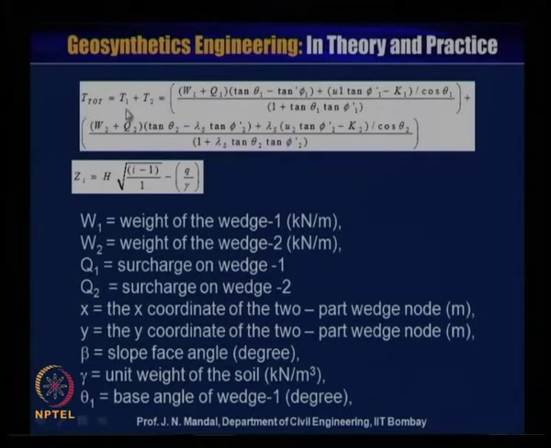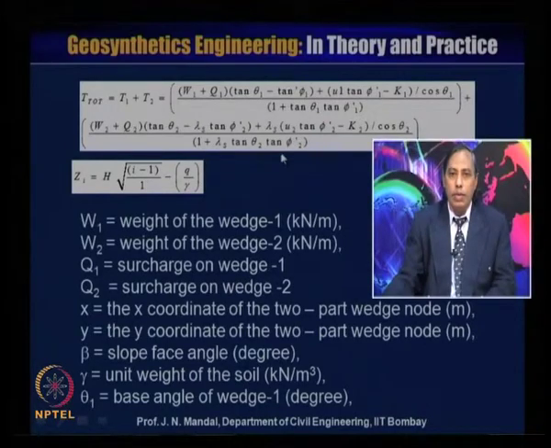Ultimately, you will get T total = T1 + T2 = [W1 + Q1 tan θ1 − tan φ1'] + U L tan φ' − K1 divided by cos θ1, plus [W2 + Q2 tan θ2 − λ2 tan θ2'] into λS into E2 tan θ2' − K2 divided by cos θ2, divided by 1 + λS tan θ2 tan θ2'.